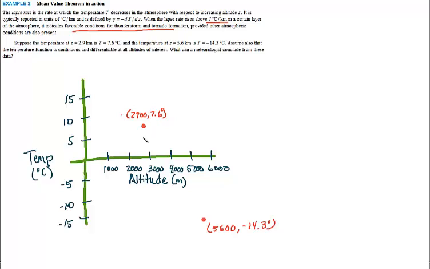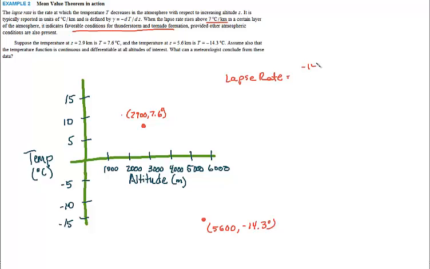We know that at an altitude of 2900 we have 7.6 degrees Celsius, and at 5600 in altitude we have a temperature of negative 14.3 degrees. Let's figure out the lapse rate by doing the change in y's over the change in x's.